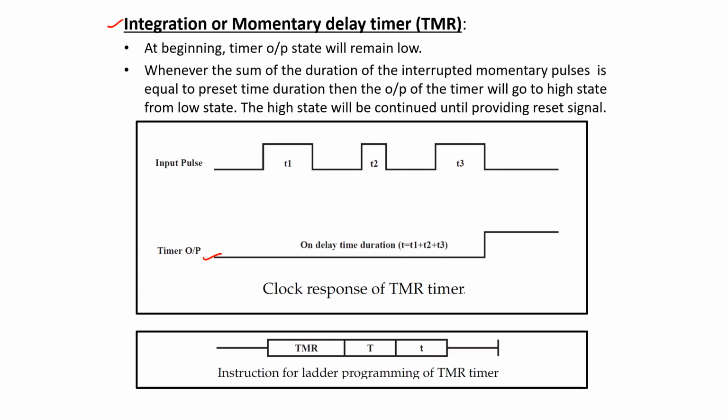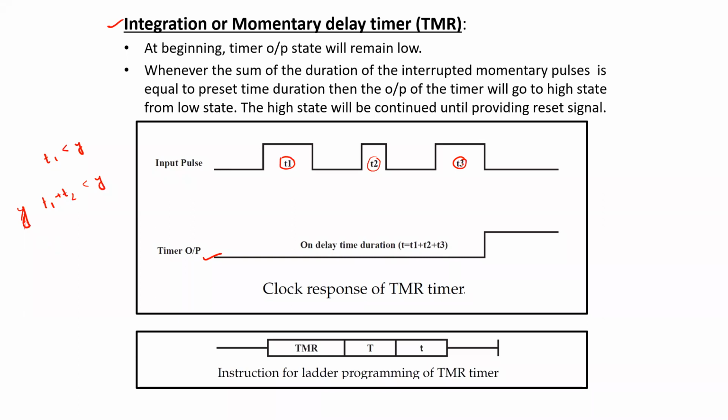Let's say one input pulse has a duration of t1, another input pulse has a duration of t2, and there is a third pulse that has a duration of t3. Now the user has set an overall delay that is equal to y, and let's say t1 is less than y. t1 plus t2 is also less than y.